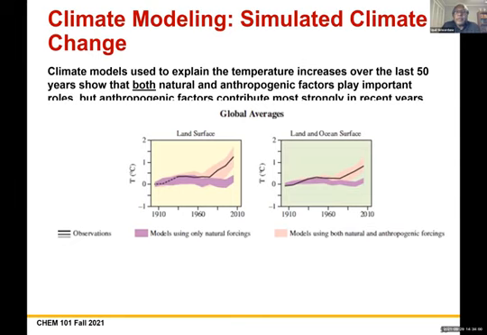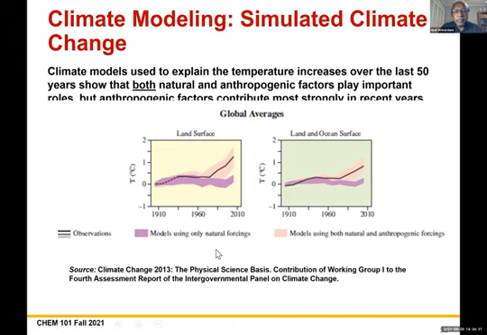To explain the temperature increase over 50 years, the model shows both natural and anthropogenic causes, those caused by humans. This is the natural at the bottom. The top black line is the temperature increase since 1960, for land and ocean surface.